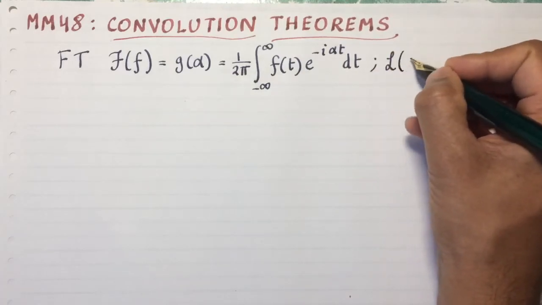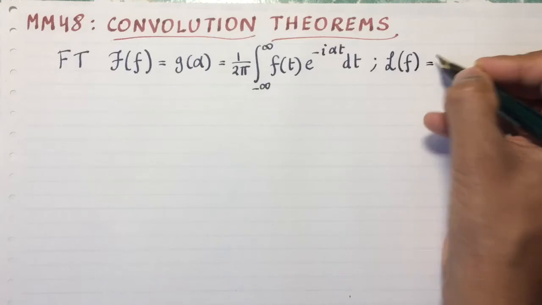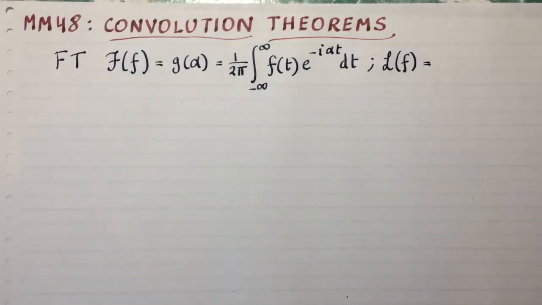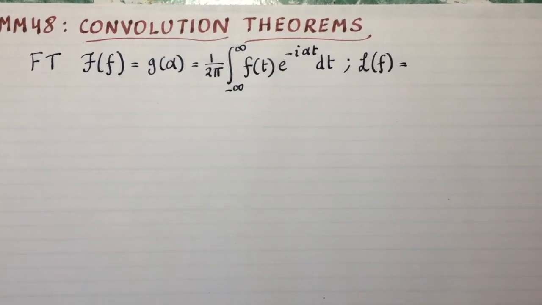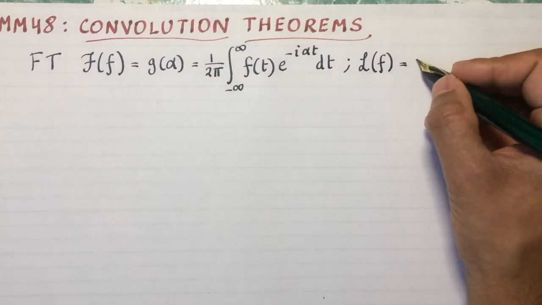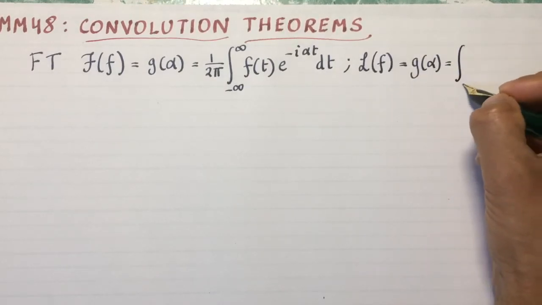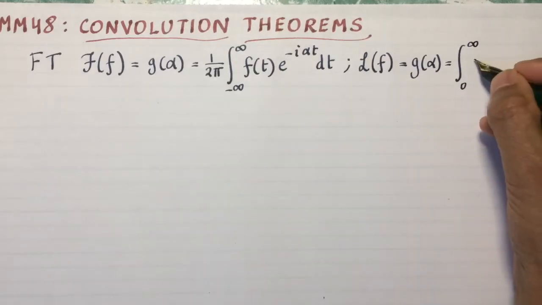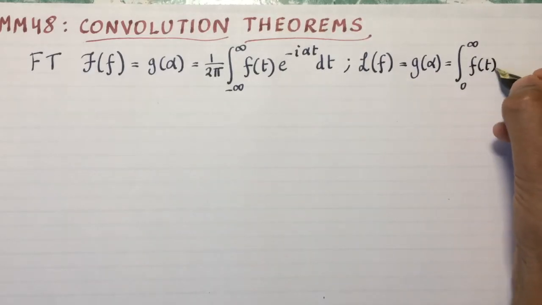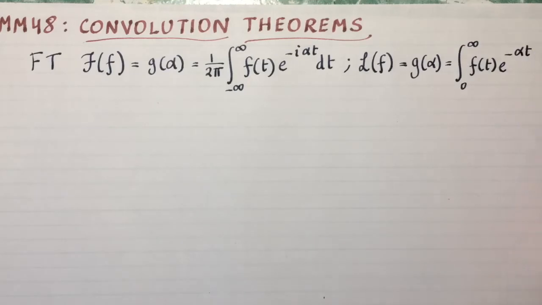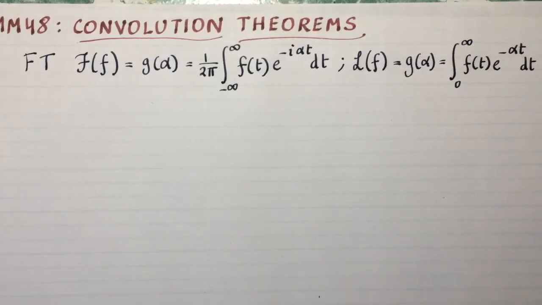The Laplace transform of any function f, which is given in terms of the variable t, is another function g of alpha, which is given by the integral from 0 to infinity of f of t e to the minus alpha t dt. So these are the two objects which I introduced in previous videos.